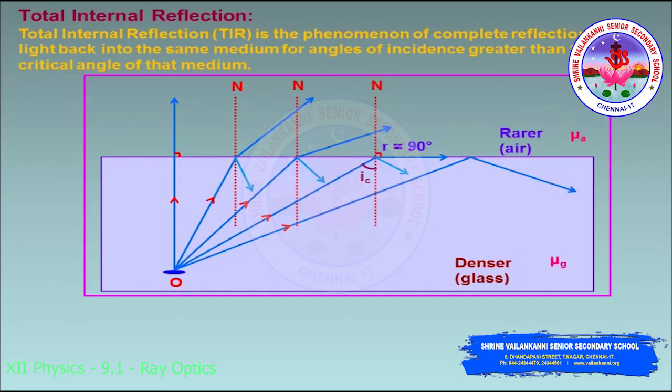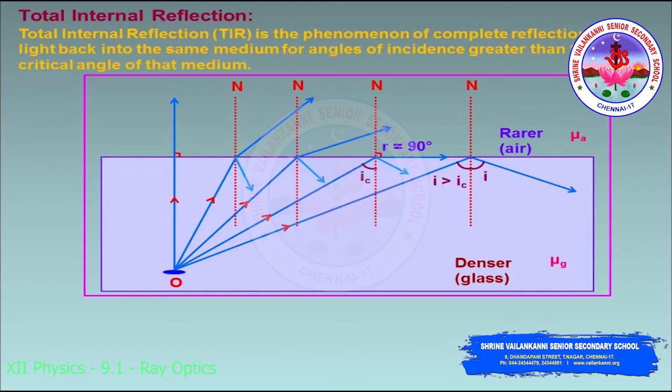This phenomenon, in which a ray of light traveling at an angle of incidence greater than the critical angle from the denser to a rarer medium is totally reflected back into the denser medium, we call total internal reflection, or TIR.